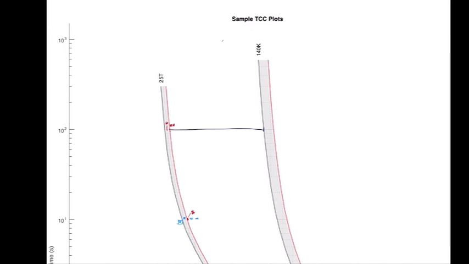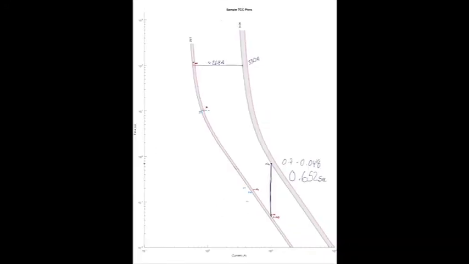So we're going to call that not 350, but 330 amps. If we get our calculator out and running, we get 330 minus 62, and we end up with approximately 268 amps of difference in their operating positions at 100 seconds.